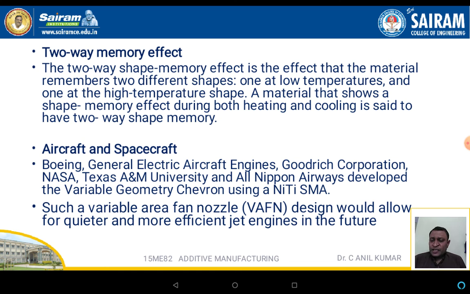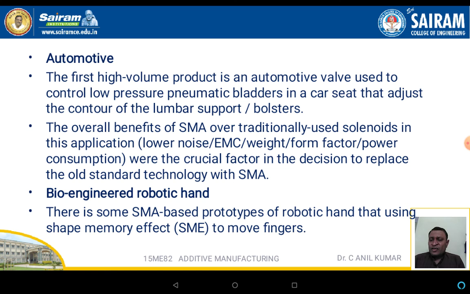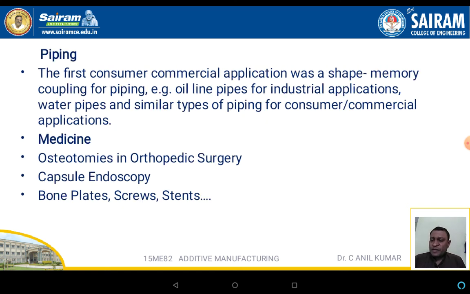The main applications of shape memory actuators are in the aircraft, space, automotive, and biomedical industries, even in piping and medical industries. These are some of the industries where shape memory alloys are used as actuators which can actuate very easily at low temperatures.